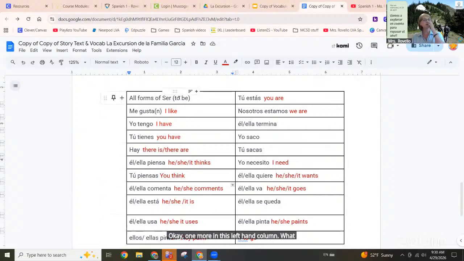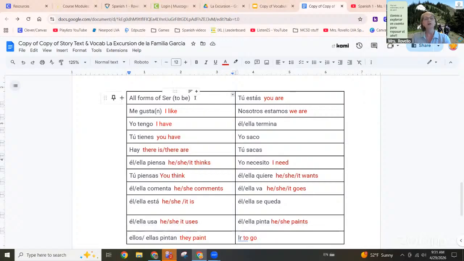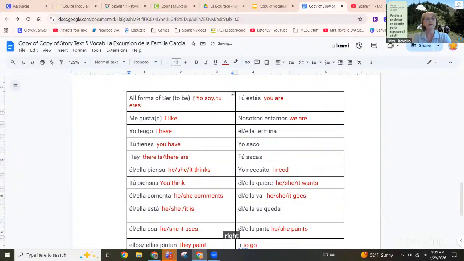What is ser? Ser is to be. So who can give me an example of to be? How do we say like I am and you are, et cetera? How do we do that? Very good. So yo soy, right? Tú eres.